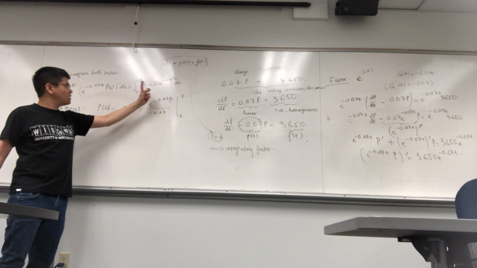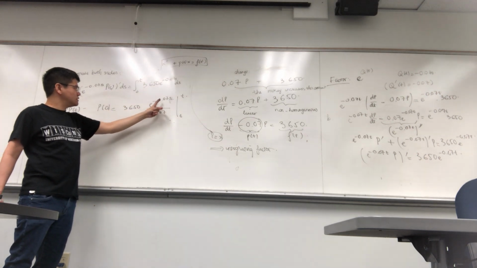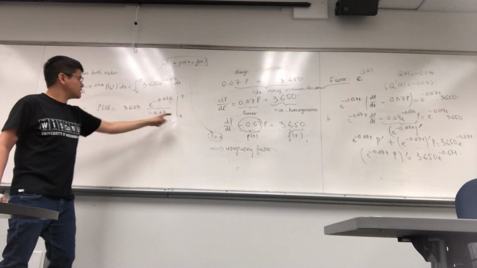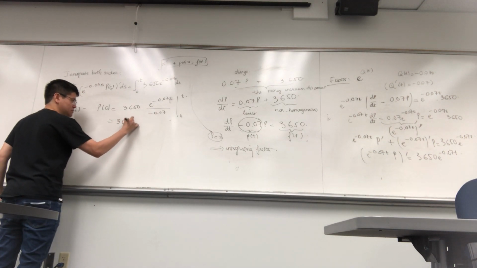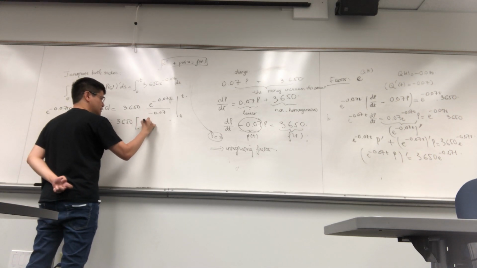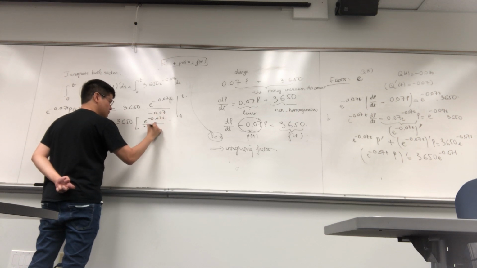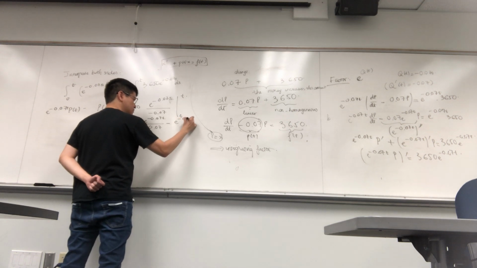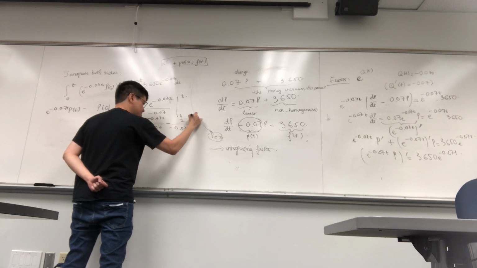On the right hand side, I have 3650 e^(-0.07s) over minus 0.07, and I take the difference between 0 and t. So this gives me 3650 times e^(-0.07t) over minus 0.07, minus e^0, which is 1, and then I divide it by 0.07.